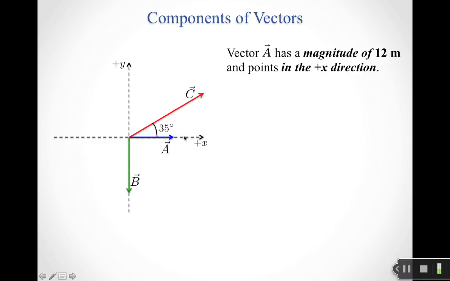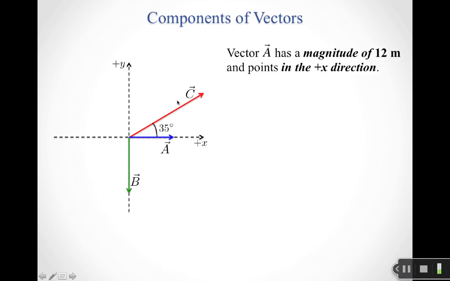So let's think about our three initial vectors here. Again, we said vector A happens to lie along the x-axis. One of the nice things about a vector that lies along the x-axis, or any axis, is that one of its components has to be 0. For vector A, we know its magnitude, and we know that it lies along the x direction.